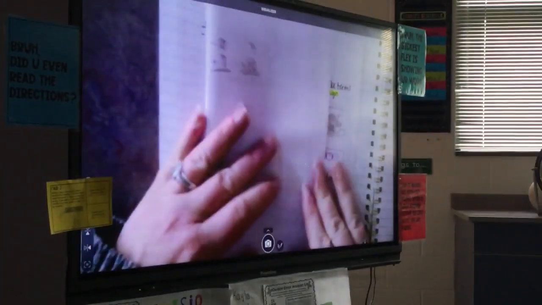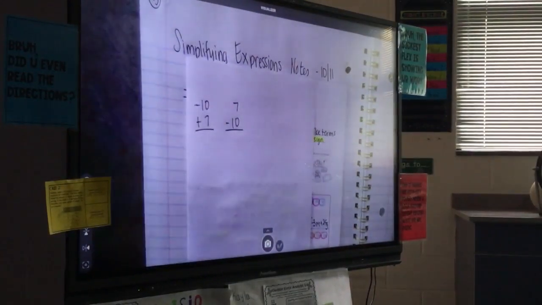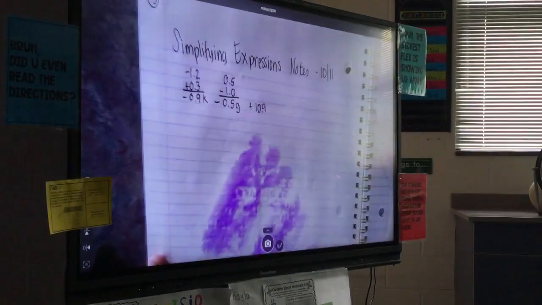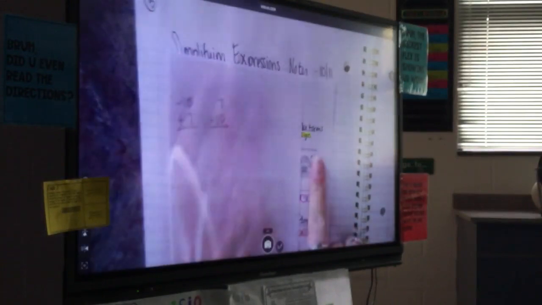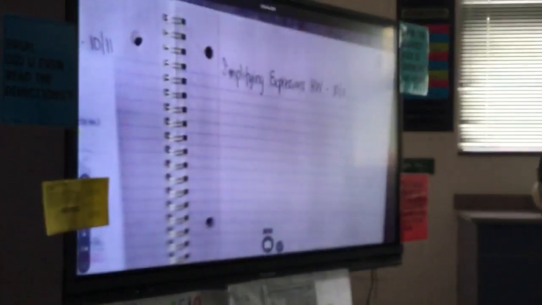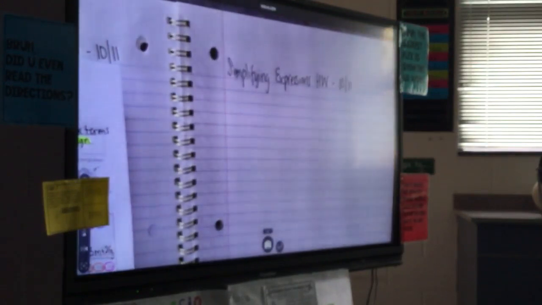All right, so you folded this in half and you're gluing it into your notebook. All right, slide over to the right side, right next to your left side. You're not flipping a page or anything.